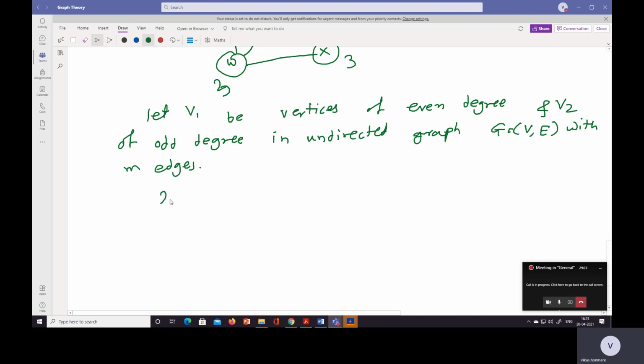So we can say that, as per the handshaking theorem, 2m is equal to the sum over v belonging to V of the degree of v.